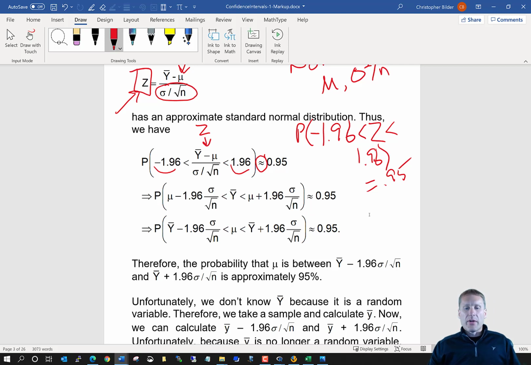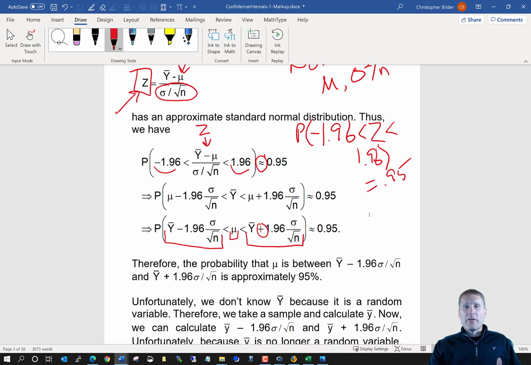Again, I do a little bit of algebra, and now I have mu in the middle. I have y bar minus 1.96 times sigma divided by square root of n on the left side. And I have basically the same thing on the right side, but now I use a plus instead. So what this tells me is that the probability that mu is between these two values is approximately 95%.